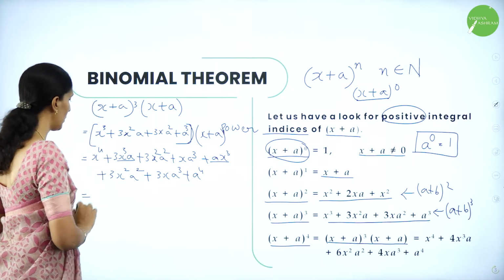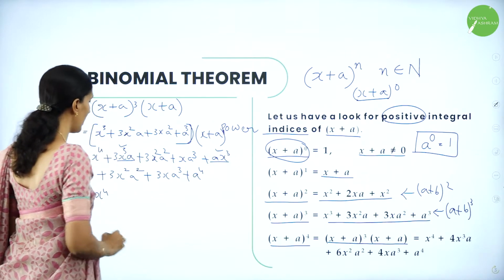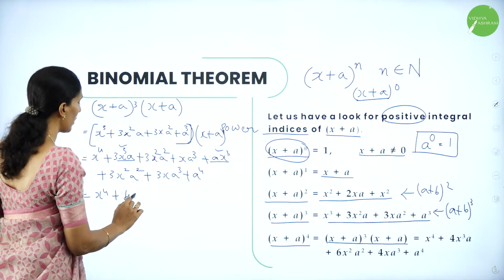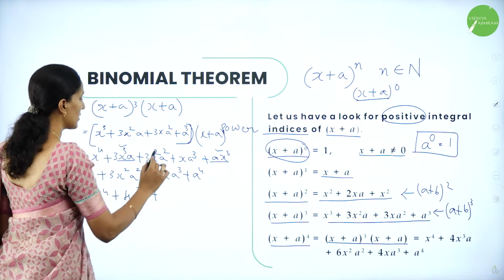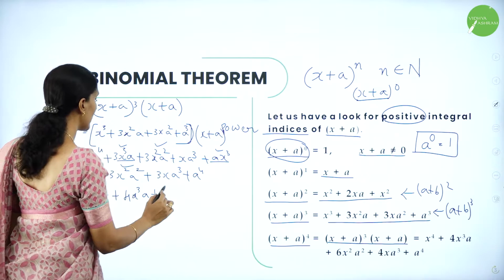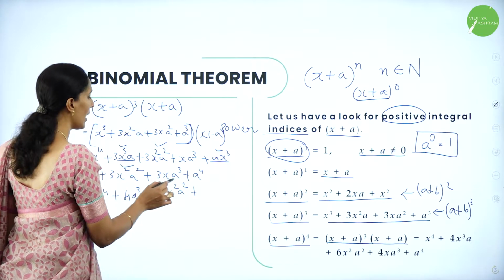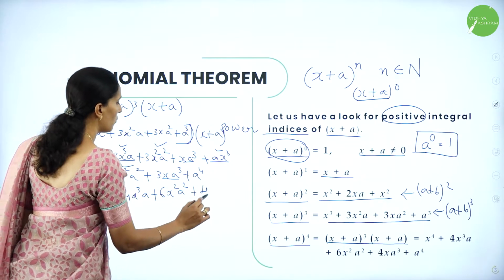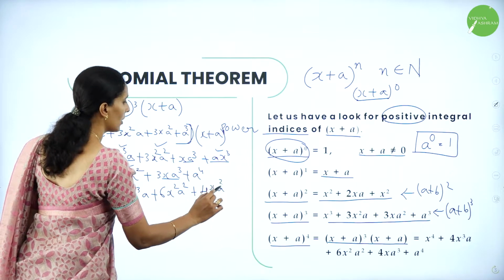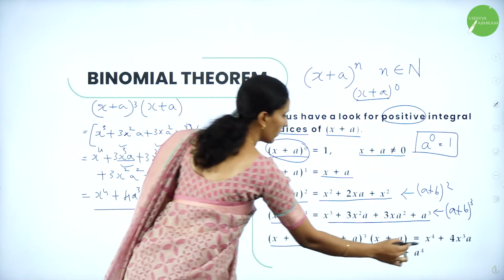So this is equal to x power 4. You have x cube a, therefore it is 4x cube a. Then x square a square, so 3 plus 3 is 6x square a square. Again you have 4xa cube plus a power 4. So this is the expansion we got here.